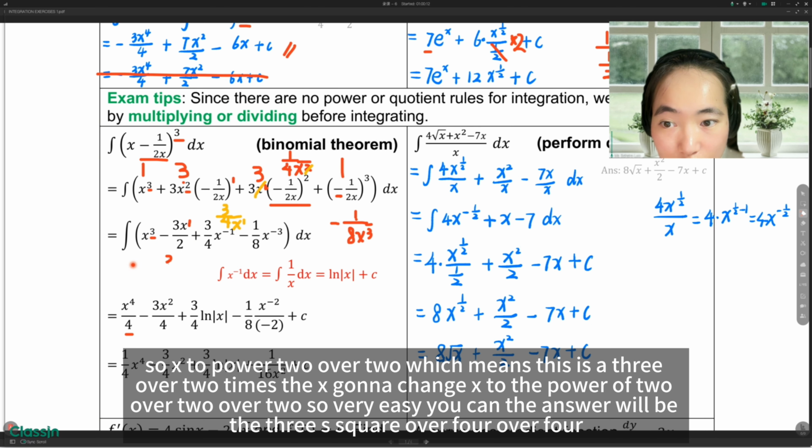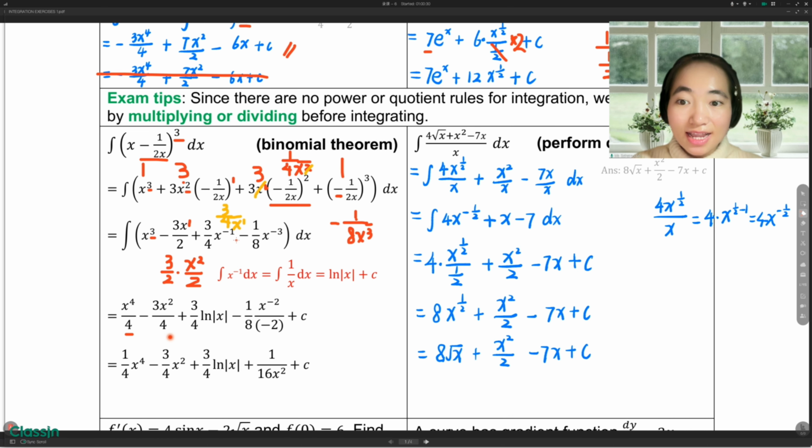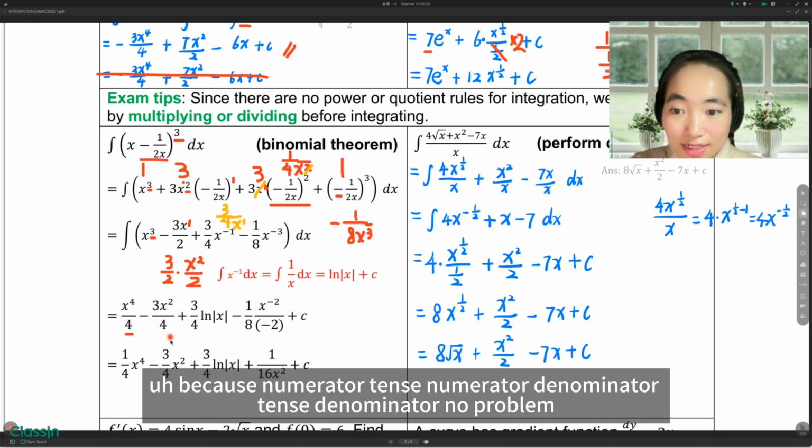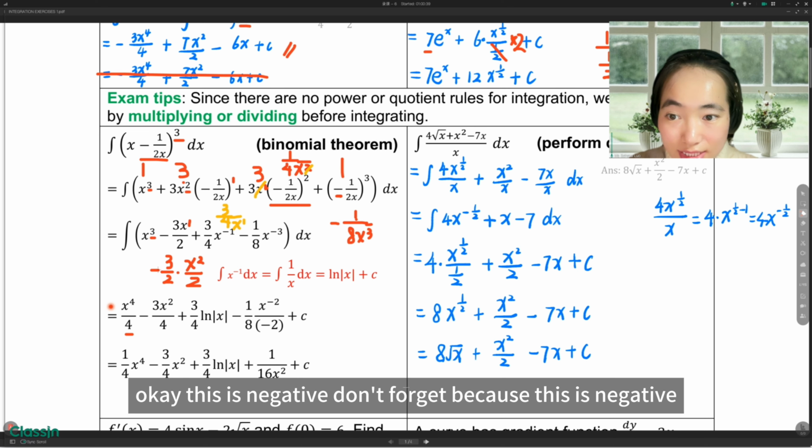Which means this is 3 over 2 times x squared over 2. So very easy. The answer will be 3x squared over 4, because numerator times numerator, denominator times denominator. No problem.